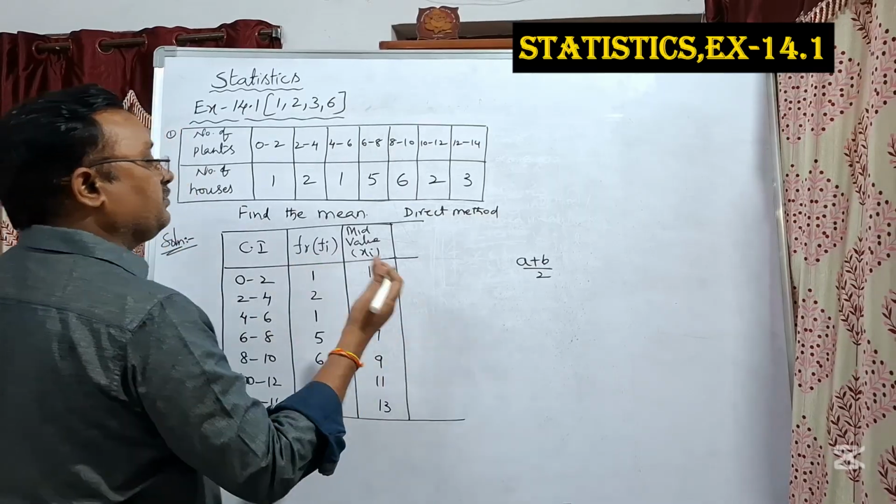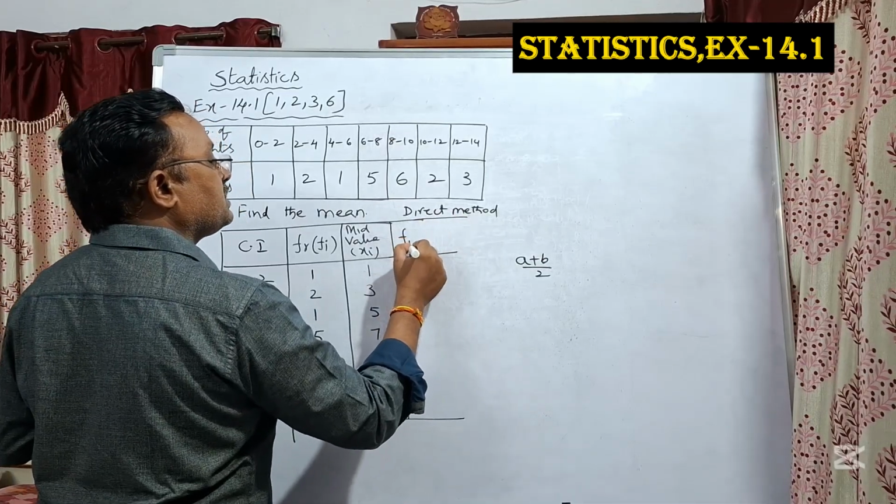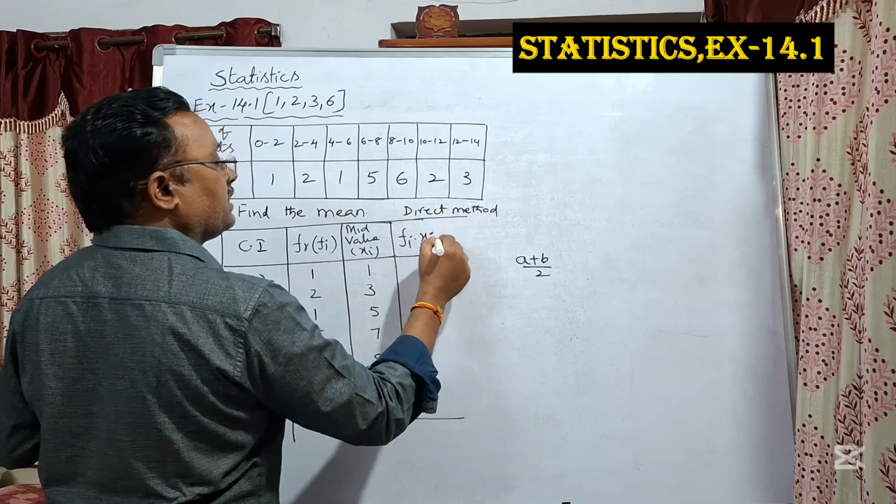Right. After that, what do we need to do? Prepare one more column called fi into xi.